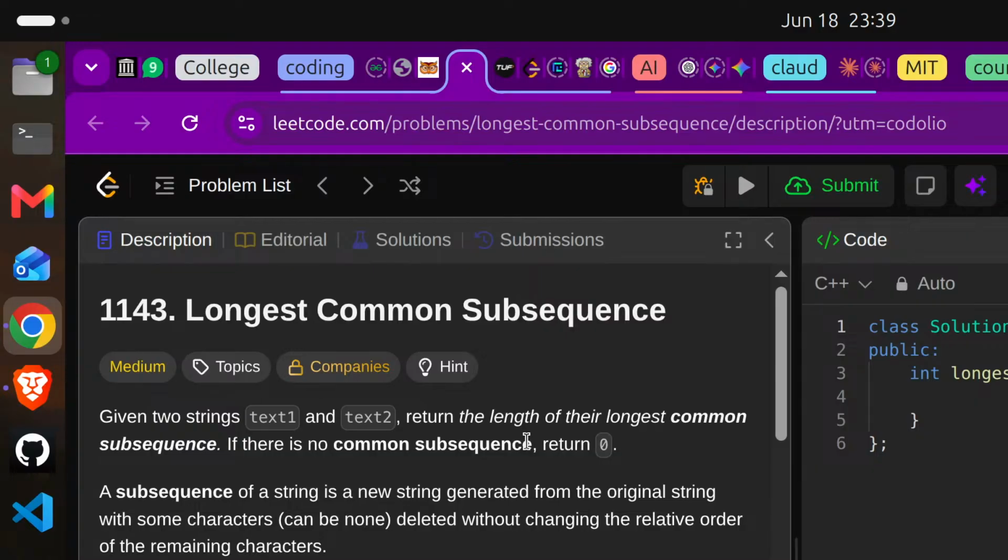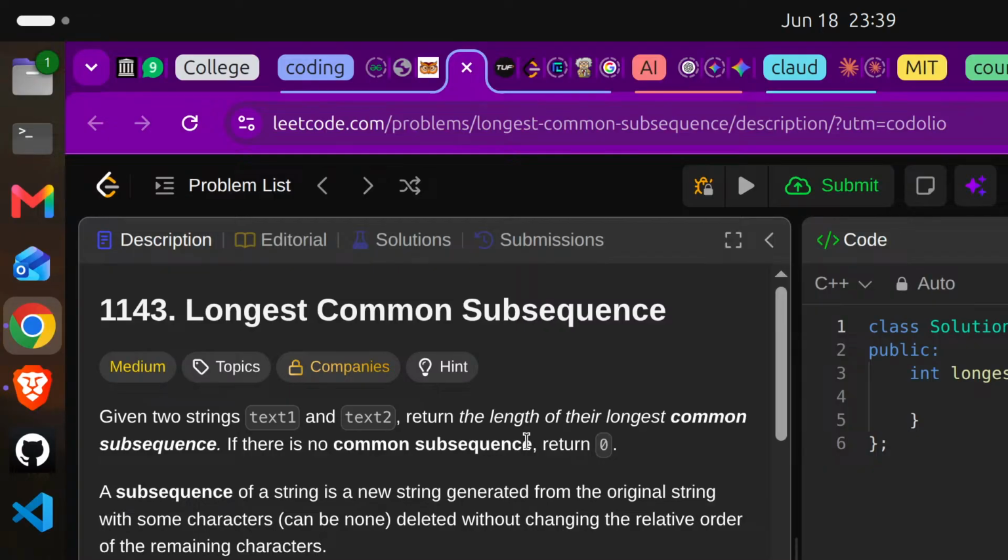Let's say n is equal to text one size and m is equal to text 2 size. Right, guys? So alright, so n and m are there.